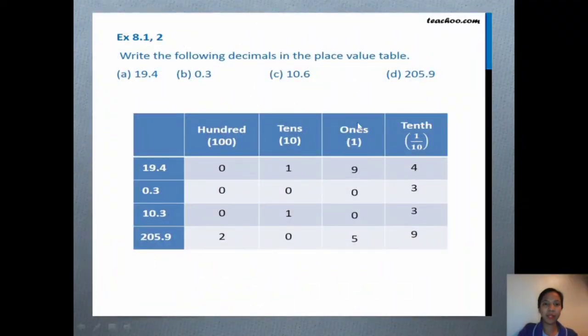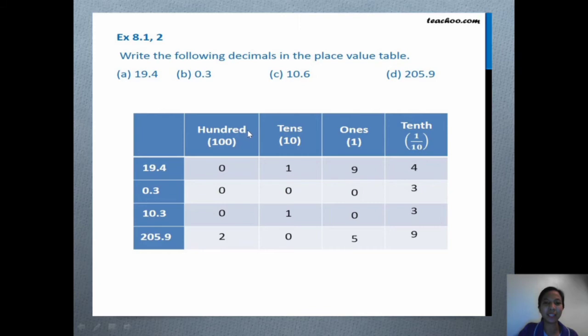Alright, so we have here more exercises. So, in 19.4, do we have hundreds here? Hundreds means whole number. It should be with S here. Alright, I'm sorry.